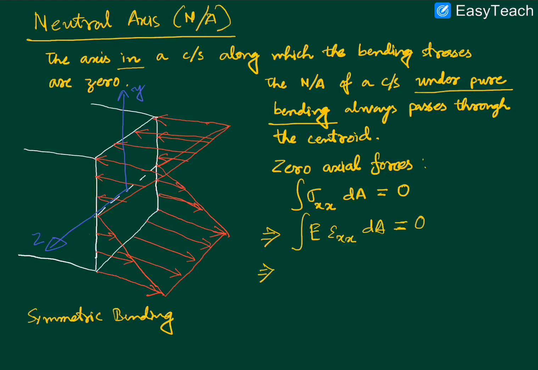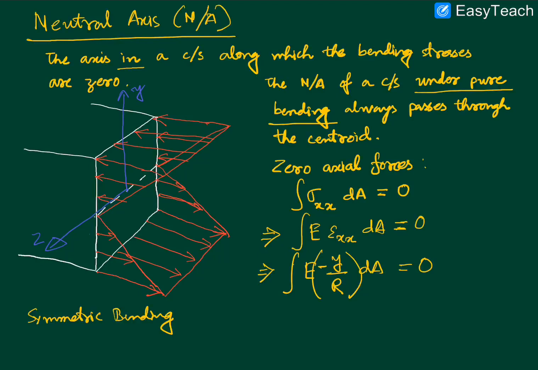Next, as an oft repeated step, we are going to represent the epsilon xx in terms of y and the radius of curvature. So I believe I have already discussed this particular result in class earlier. So we need to put a minus here.